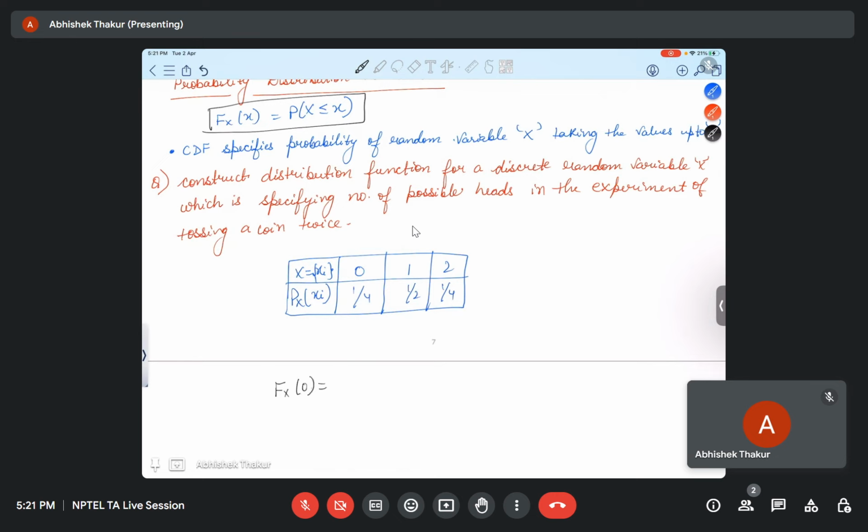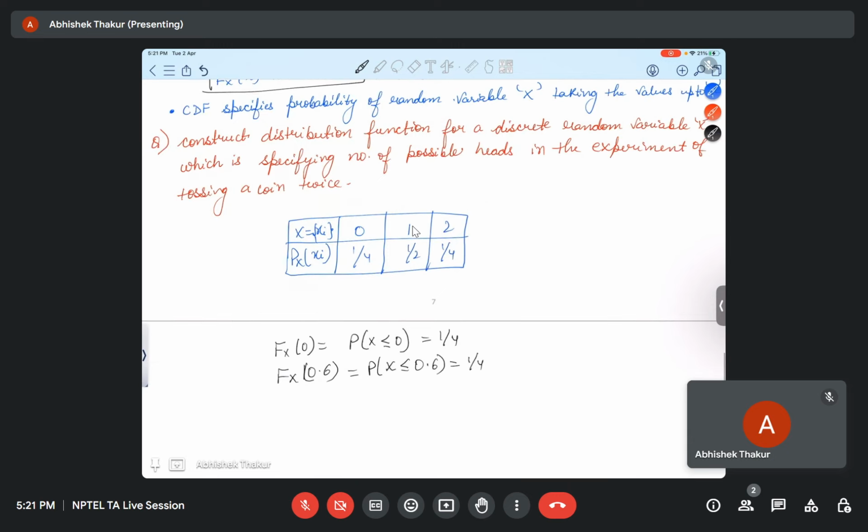When the value is up to 0, this is equal to the probability of X less than or equal to 0. So this value is 1 by 4. Now F(0.6). So this is the probability X is less than or equal to 0.6. So this is again 1 by 4 because up to x equal to 0.6, the probability is 1 by 4.